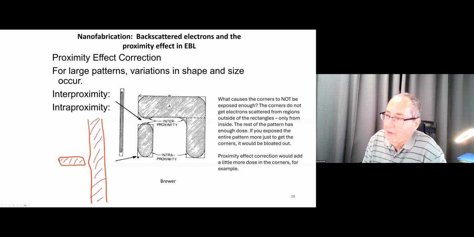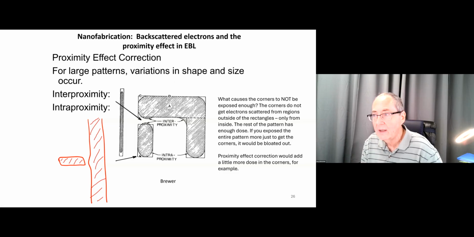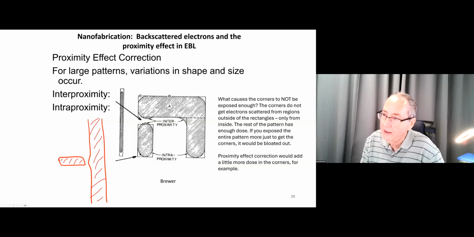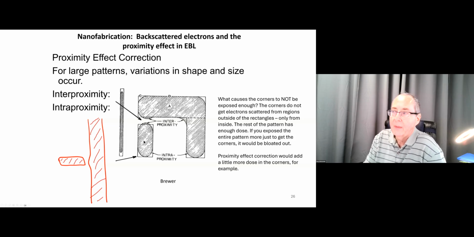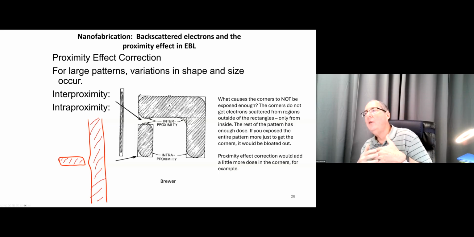If all you made was this rectangle, then this corner is not getting any backscattered electrons from three-quarters of the quadrant around it. It's only getting backscattered electrons from this region into here. But this region here is getting backscattered electrons from all around it, so it's going to be exposed enough to develop.